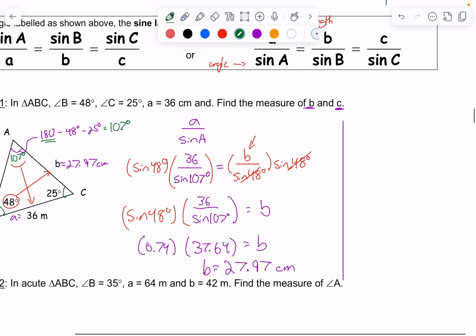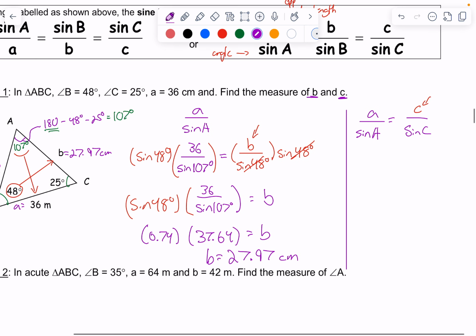So that means we can take, once again, our known ratio of side length and angle, sine A, and set that equal to C over sine C, where, I'll put this one in red, this is our only unknown, because if we fill in what we have, sine 36 over sine 107, and we don't have C, but we have angle C, which is 25.